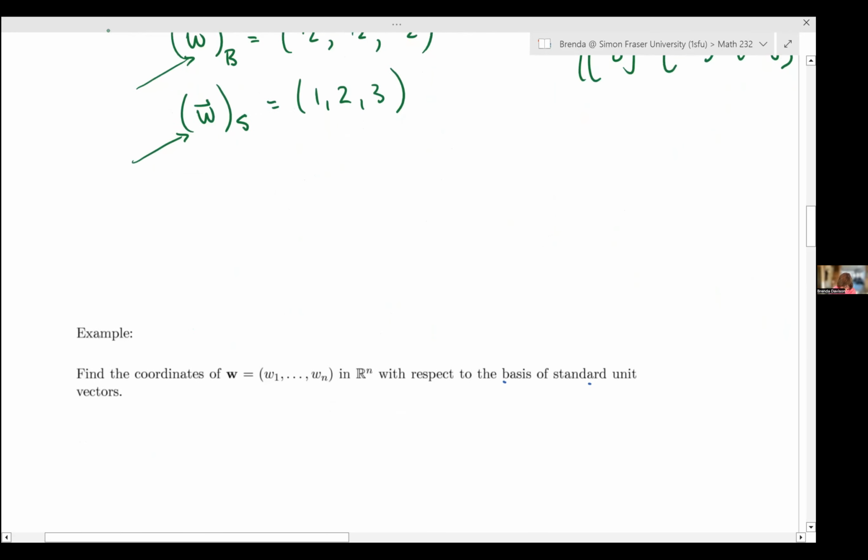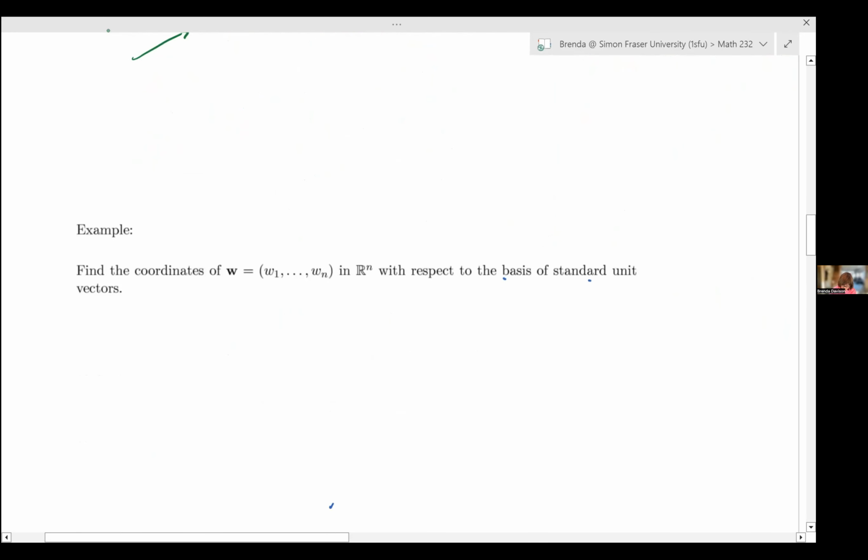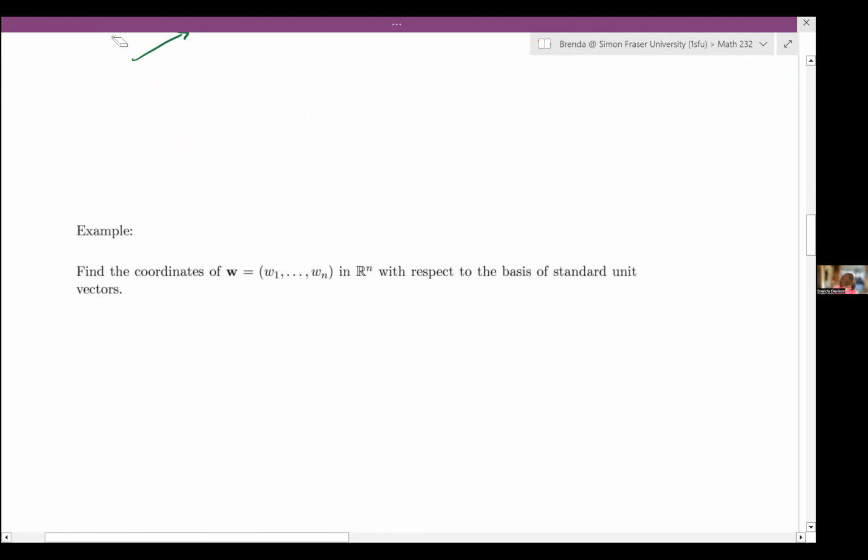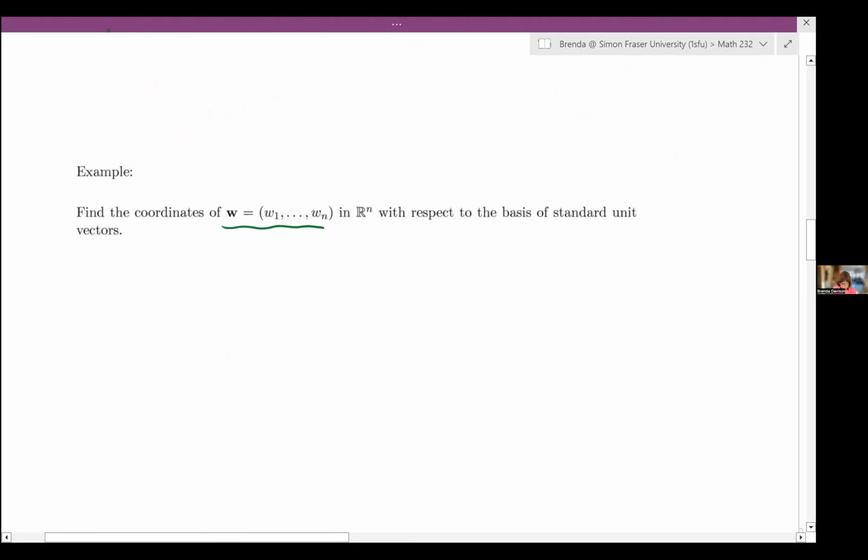All right. This is a sort of a reiteration of the question statement I've just been saying. Find these coordinates with respect to the basis of the standard unit vectors. And these are clearly nice to work with. So the standard unit vectors in Rn, there are n of them. Okay, it's an n-dimensional space. You have to have n vectors in your basis. So here I will write these guys out.